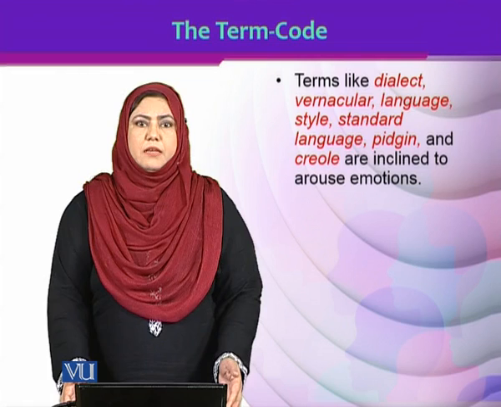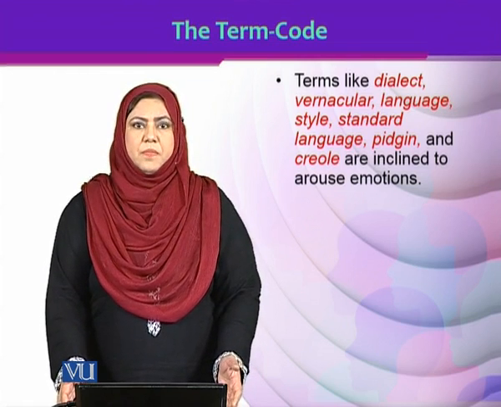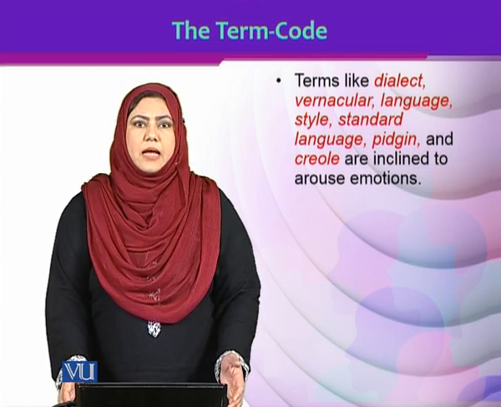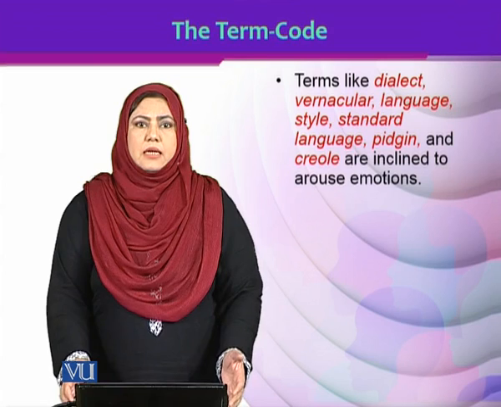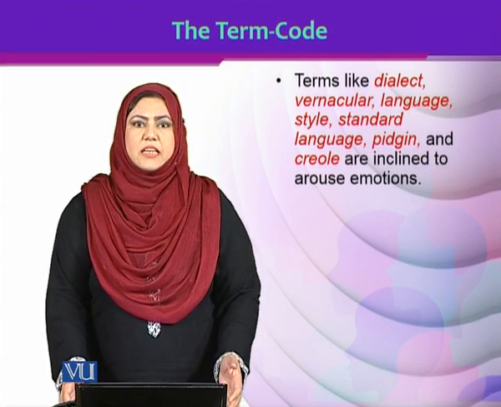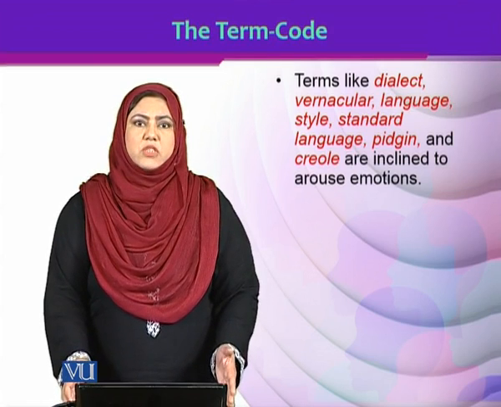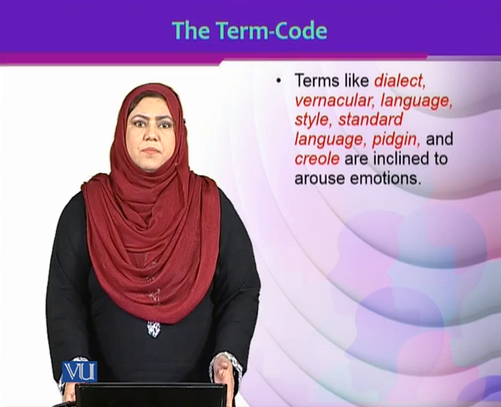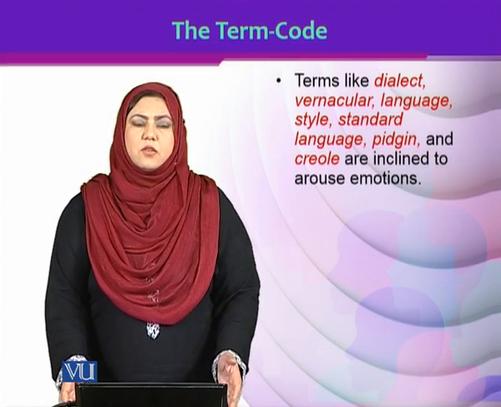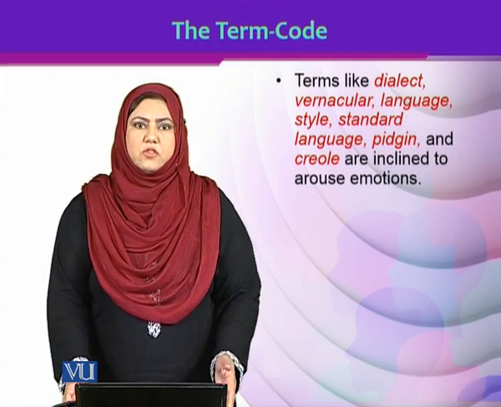In the same way, if we think of the term pidgin, a pidgin is a language that emerges out of two languages. It is a kind of combination that emerges when the speakers of language A and B cannot mutually understand each other. They create a third code, a new code, and that is used for communication.